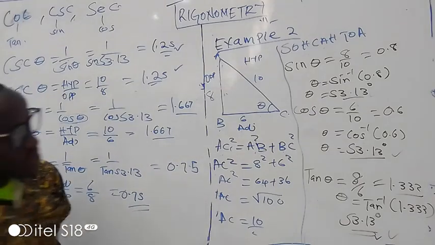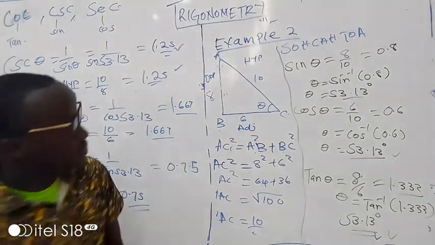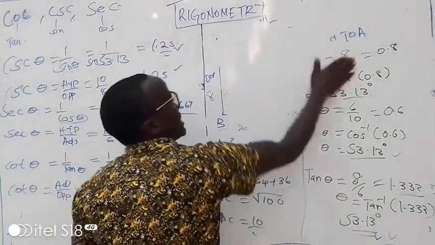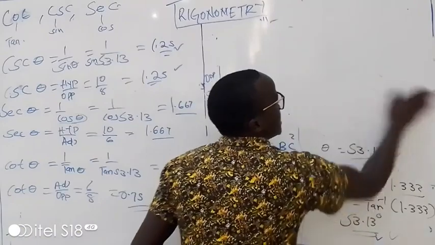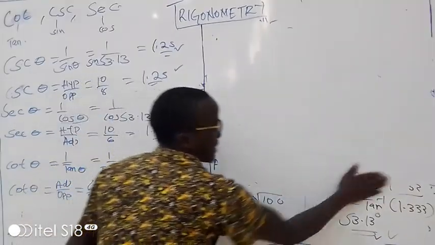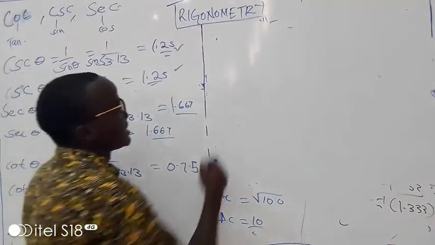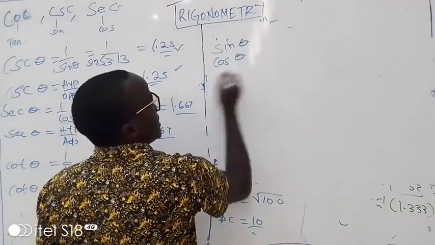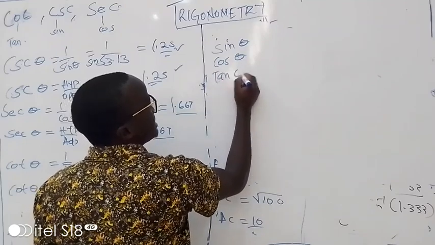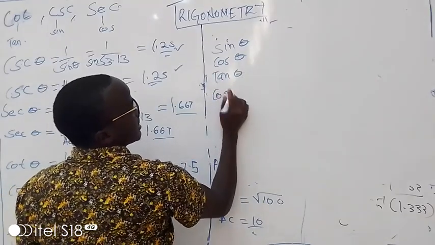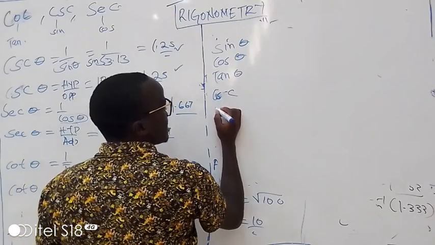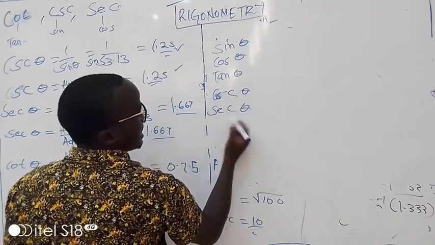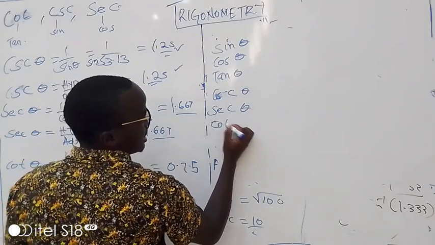Let's write again all the 6 trigonometric functions as shown. There is sine theta, cos theta, tan theta, cosec theta, sec theta, and cot theta.